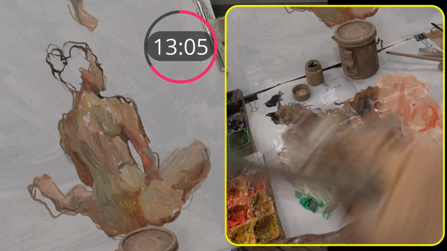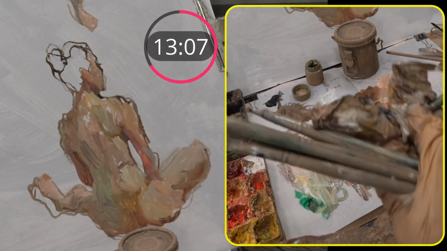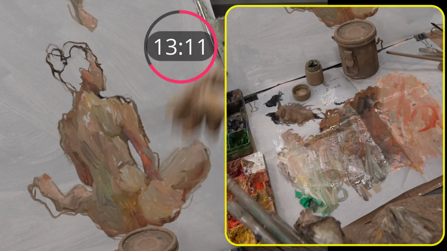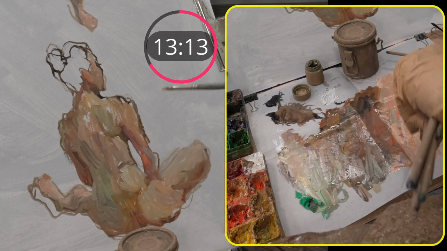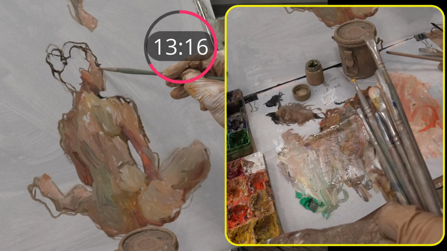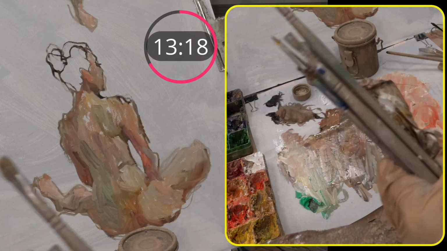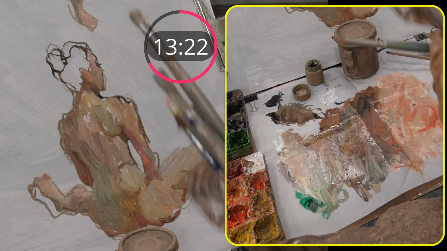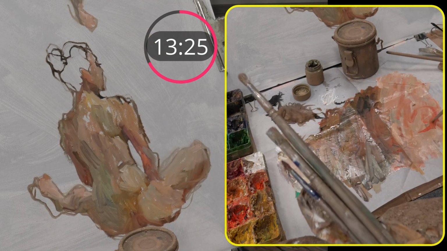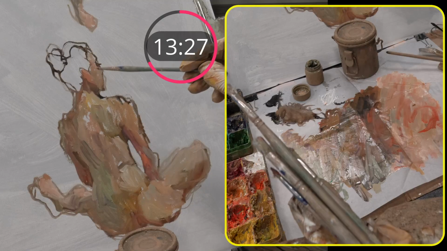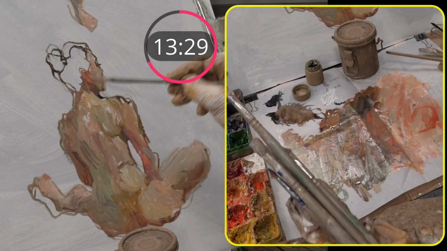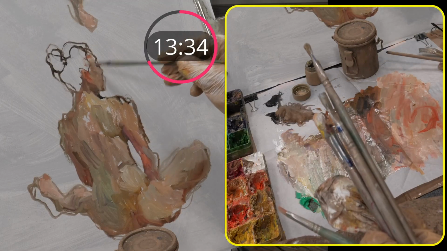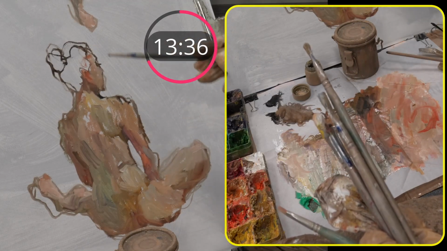And then when I lay in tone, I'm going to jump straight up to tone. My tone generally, I want to relate to the volumes. So for example, let's just go back to this drawing. I want to lay in some tone.